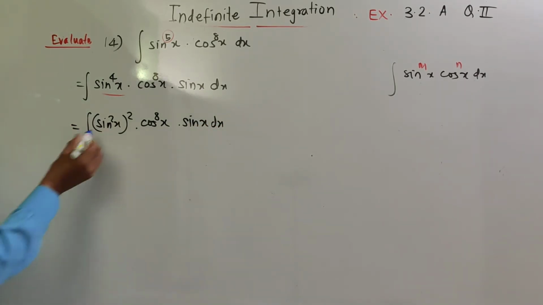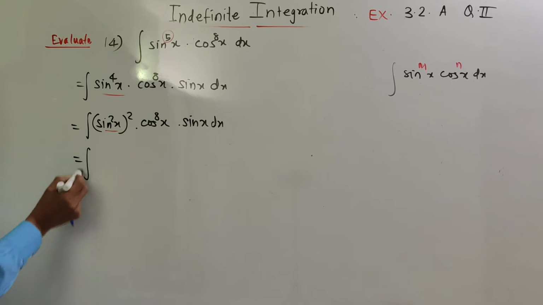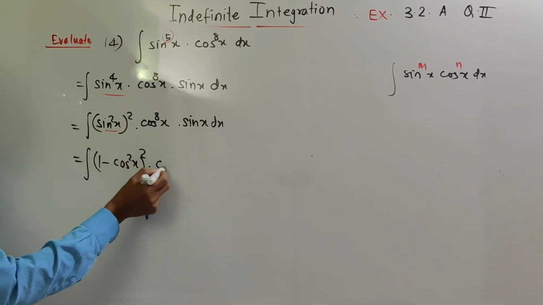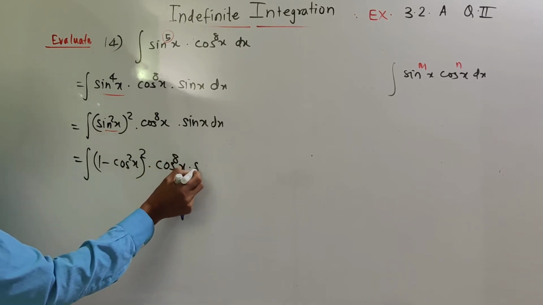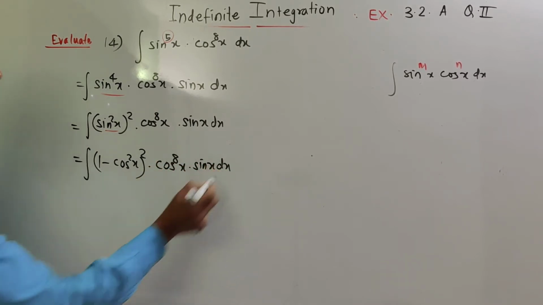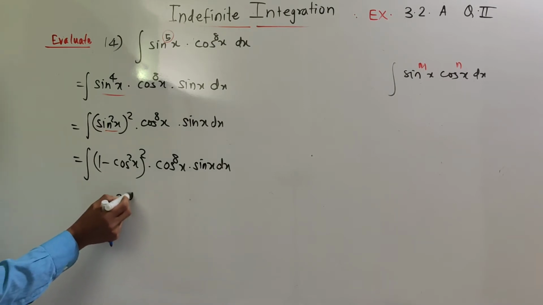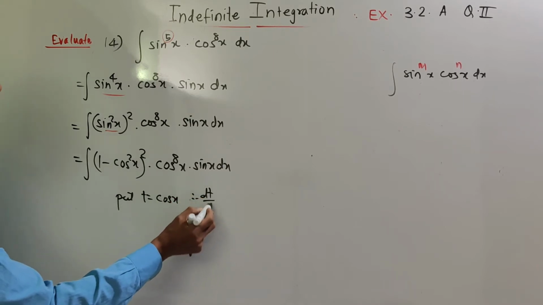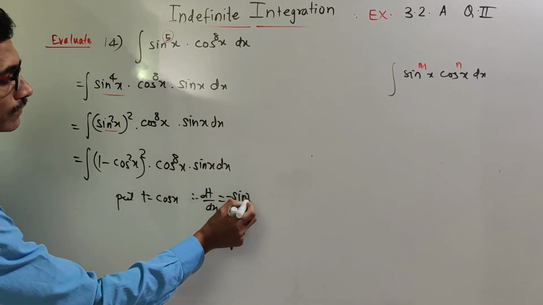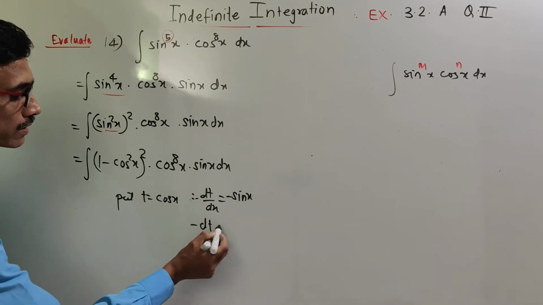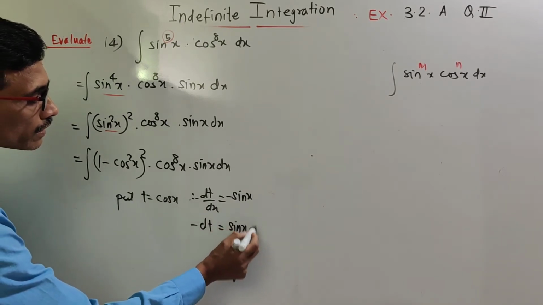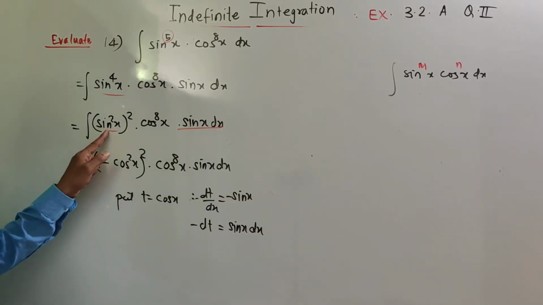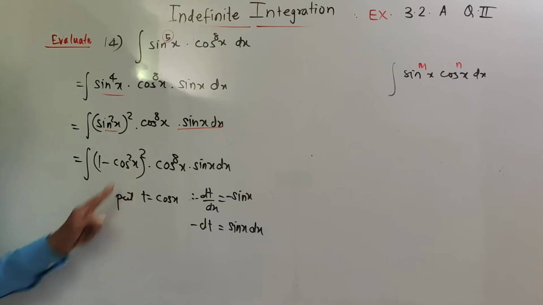Again this sin square we write as 1 minus cos square x, whole square into cos to the power 8 x sin x dx. Put t is equal to cos x, therefore dt by dx is equal to minus sin x, so minus dt is equal to sin x dx.